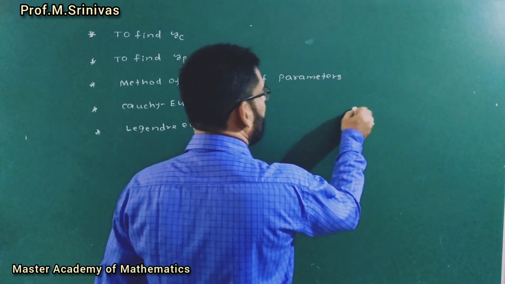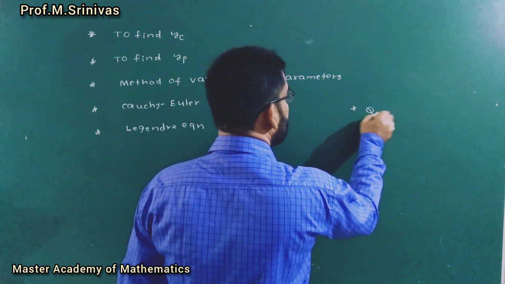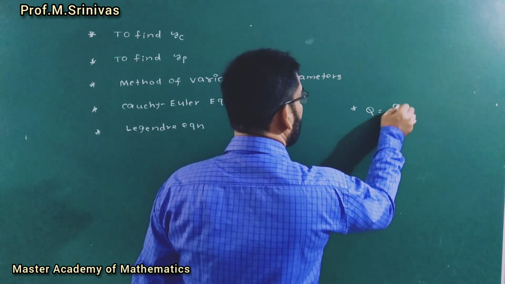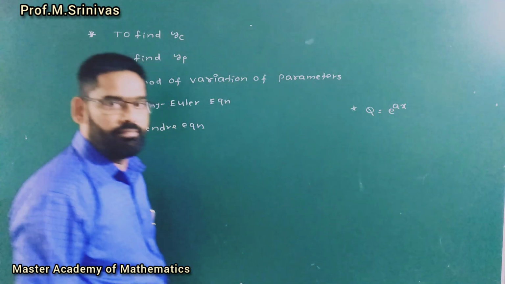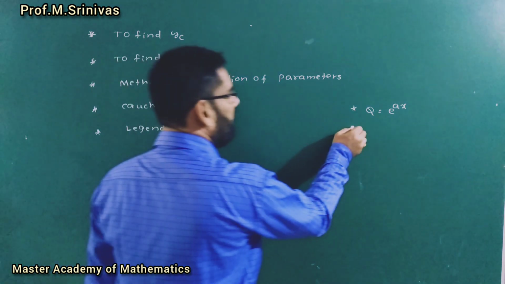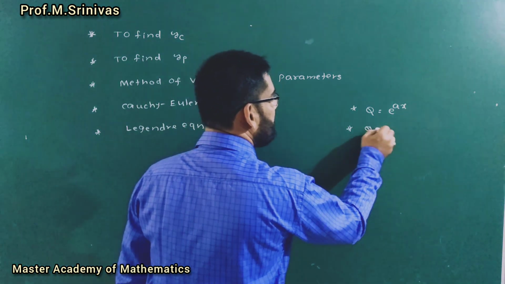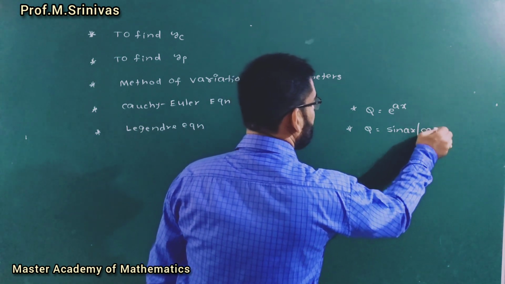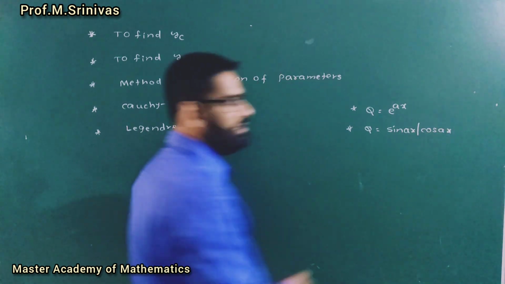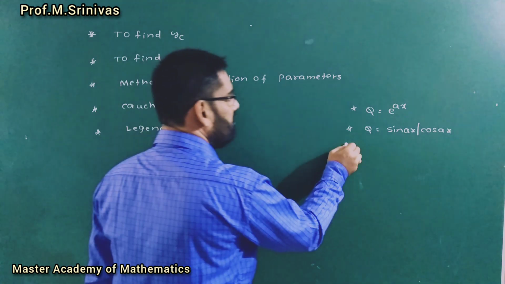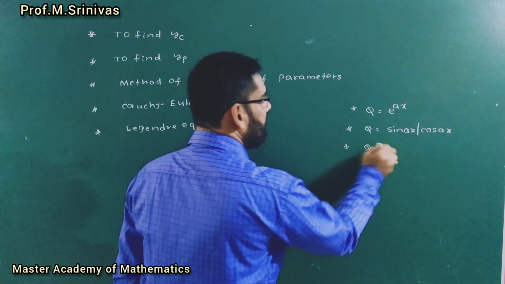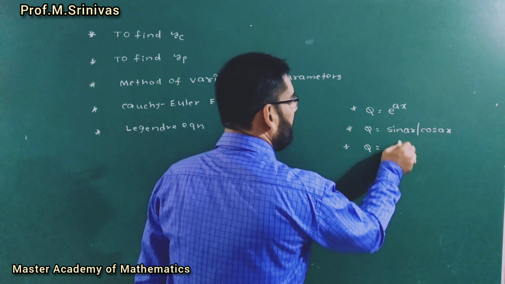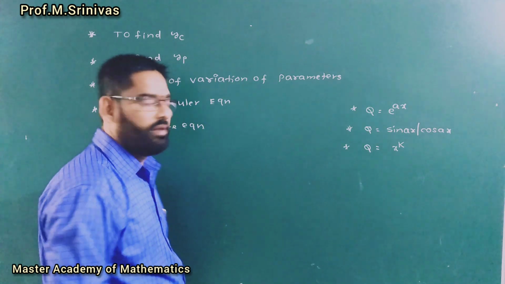One is when the right hand side Q looks like e to the power of ax. Another is when the right hand side looks like either sin ax or cos ax. The third is when the right hand side looks like x to the power of k.